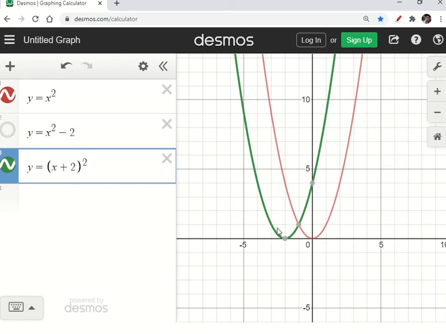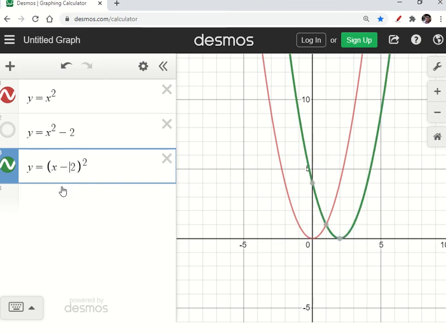So we shift the graph to the left-hand side. When we add 2, we shift the graph to the left, and if we subtract 2, we shift the graph to the right. So if we have the operation inside the function, we shift the graph horizontally.